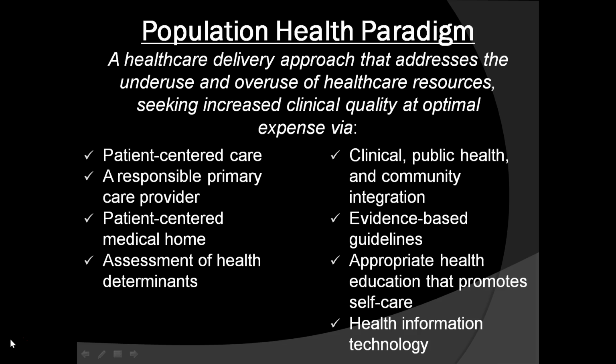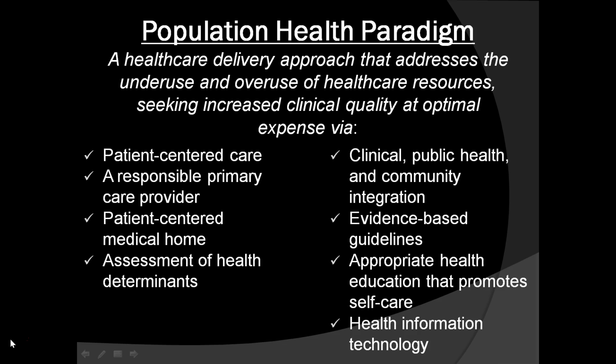So now let's talk about the population health paradigm. A healthcare delivery approach that addresses the underuse and overuse of healthcare resources, seeking increased clinical quality at optimal expenses via patient-centered care. Personalized patient-centered care that includes self-management, shared decision-making, health promotion, disease management, and case management. Also, this will happen via responsible primary care providers, such as maybe even a patient-centered medical home, assessment of health determinants, clinicians' knowledge about and the recognition of health determinants and their effect on population and individual health.